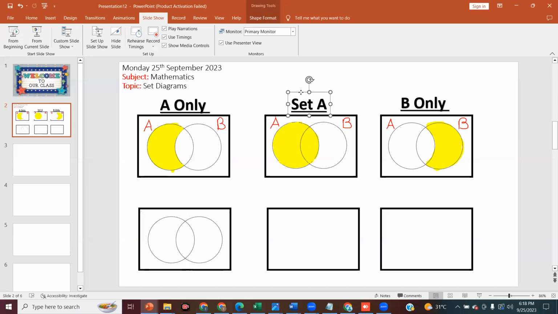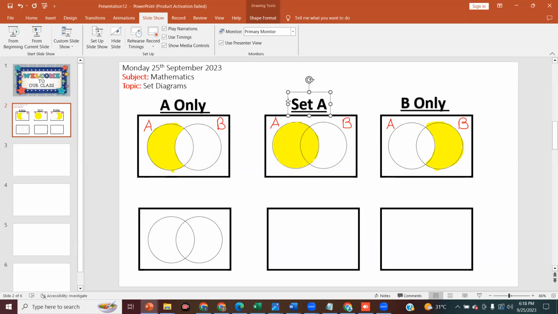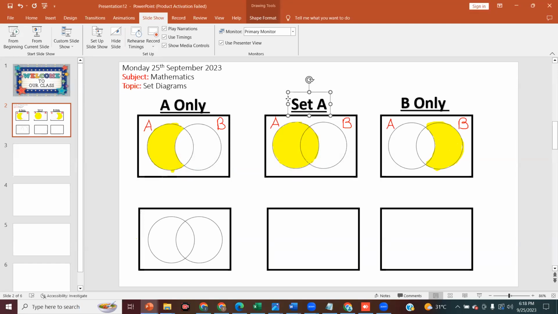Would that be B and the intersection? Very good. So set B includes the intersection. It's right there, set B.